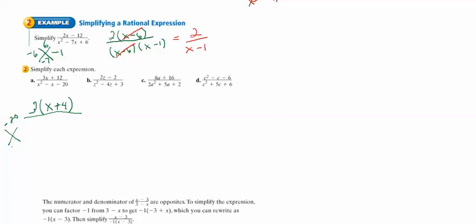Add together to give me negative 1. 1's positive and 1's negative. So it's going to be negative 4, positive 3. Okay, so now I've got x plus 3 and x minus 4.